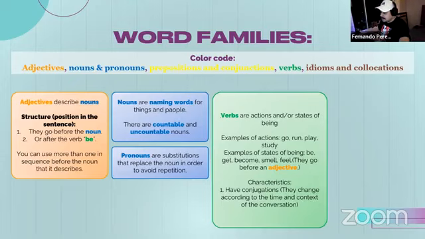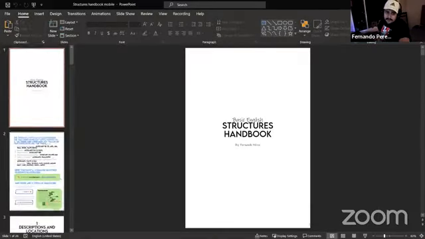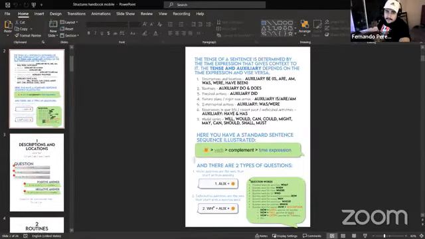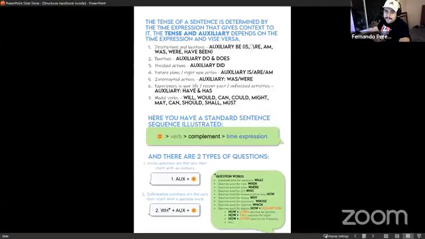Well, I'm going to show you a list of structures that we have been practicing during all the course. Context of conversations are determined by what you are talking about. Yes? The tense of a sentence is determined by the time expression that gives context to it.